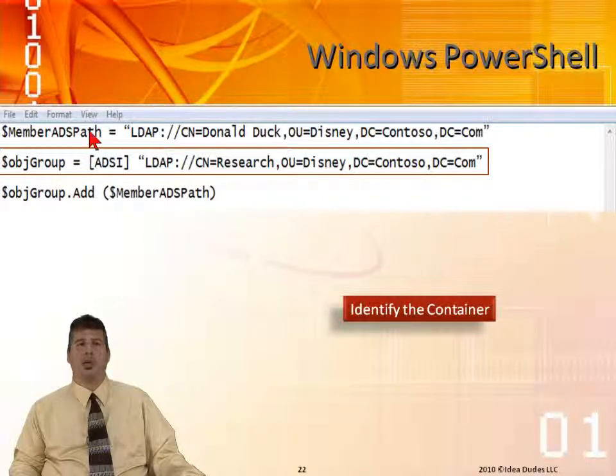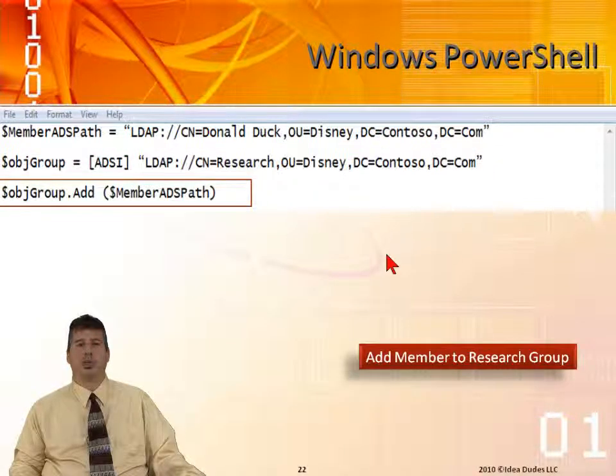Now here we want to add Donald Duck to the research group. So that's why we do object group.add members adspath, which is the variable up here. And so we're just adding Donald Duck over to the research group.